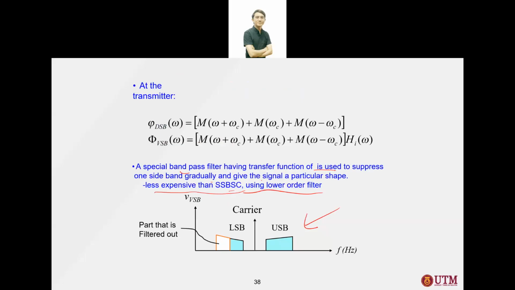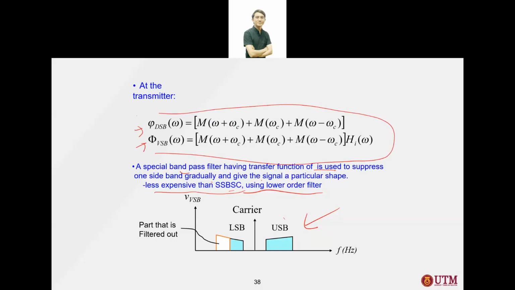So this one is at the transmitter side, and this one is the resultant of the VSB signal. Not double sideband full carrier, not double sideband suppressed carrier, not single sideband suppressed carrier. It is a vestigial sideband.